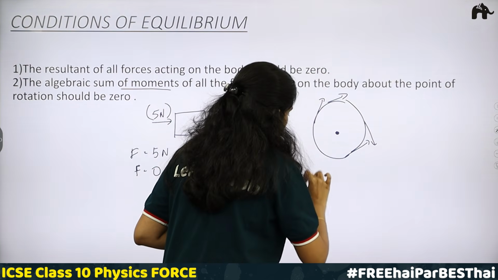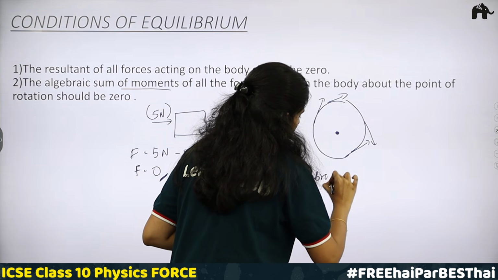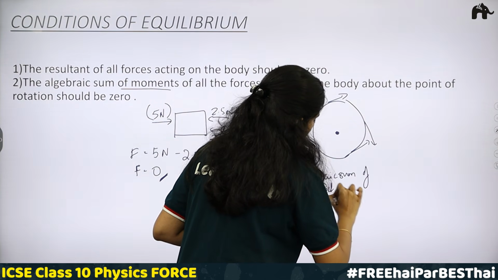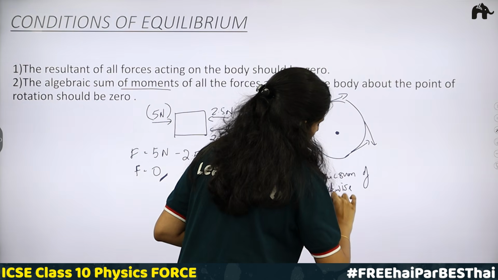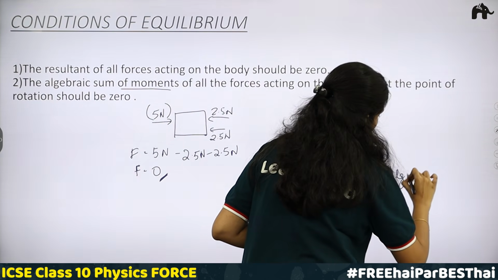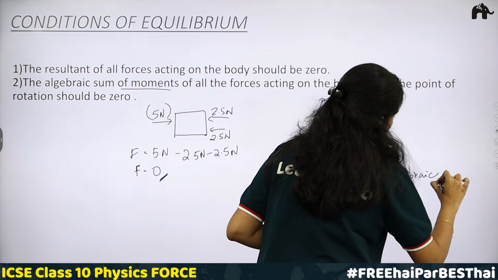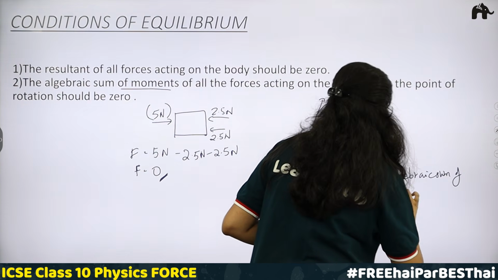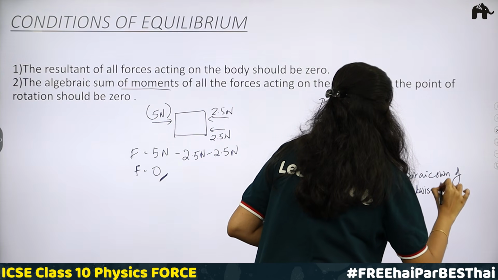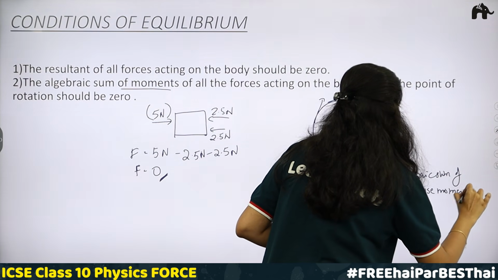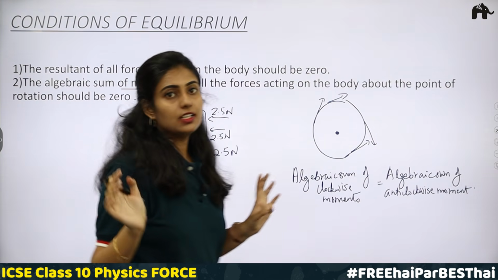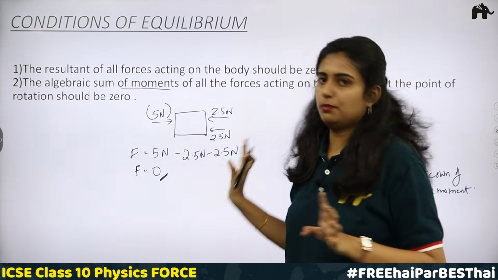Therefore, the algebraic sum of clockwise moments should be equal to the algebraic sum of anti-clockwise moments. They should be equal. Clear? So these are the two conditions of equilibrium.